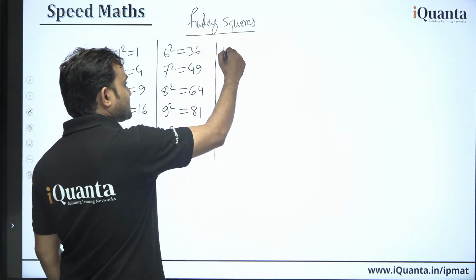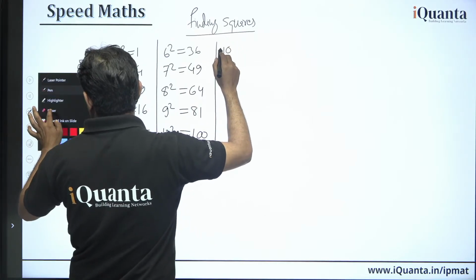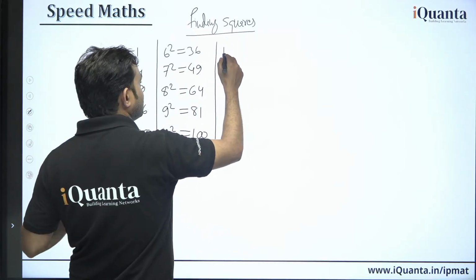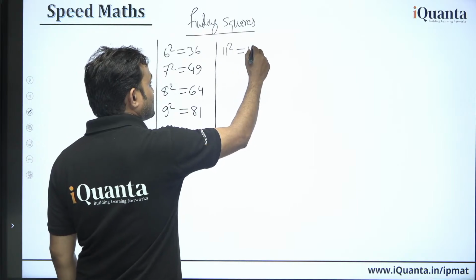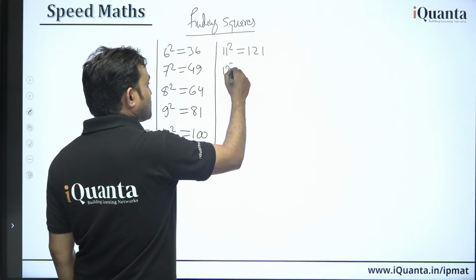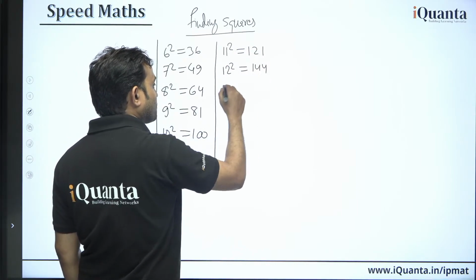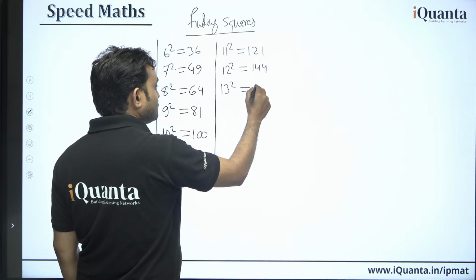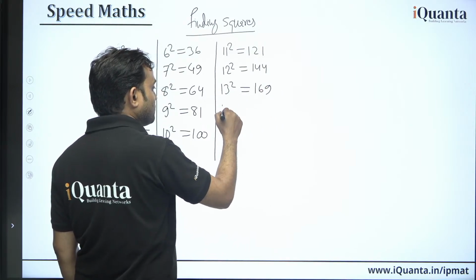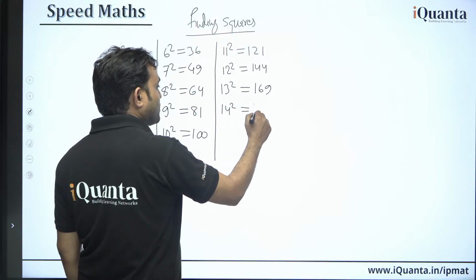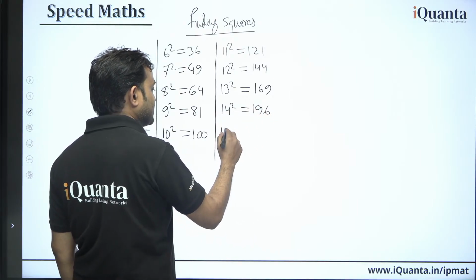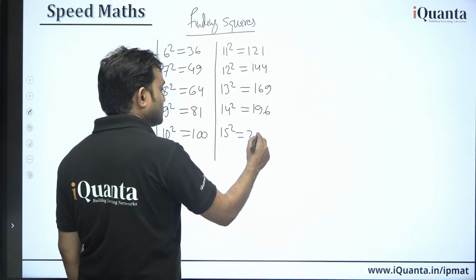Then 11 square is 121, 12 square 144, 13 square 169, 14 square 196, 15 square 225.